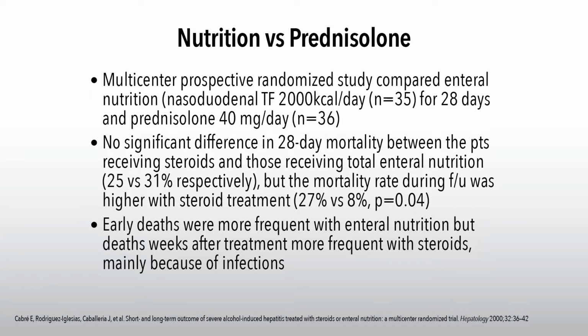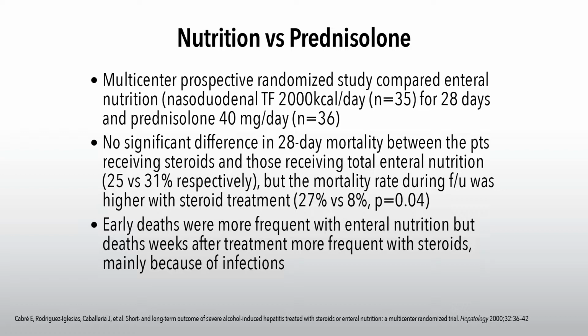Now, what about nutrition versus prednisone? This is an interesting study with nasoduodenal tube feeds at 2,000 kcals per day, 35 patients for 28 days, versus prednisolone, typical dose 40 milligrams per day, also for 28 days. There was no difference in 28-day mortality between the patient groups.